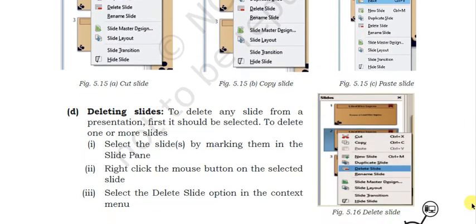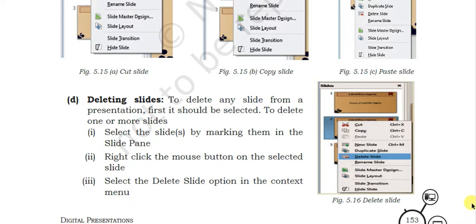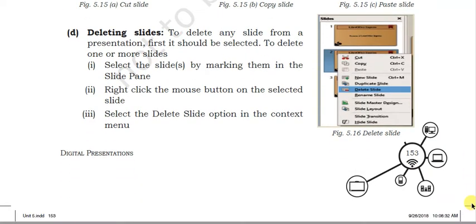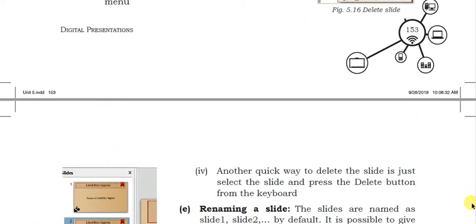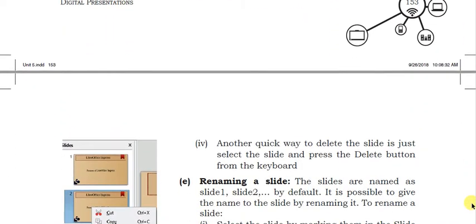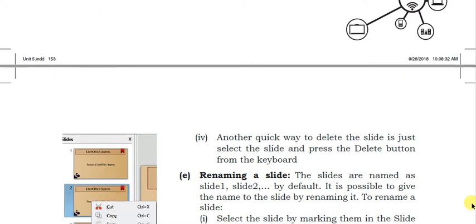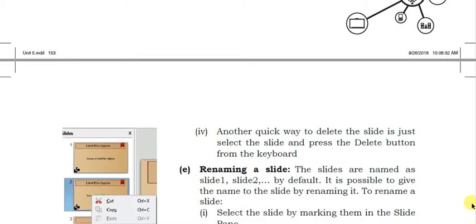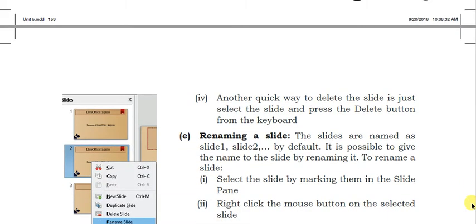Now you can also delete the slides by right clicking on the particular slide you want to delete and then click the delete slide option. Okay, or you can just click on the particular slide and just press the delete button on your keyboard. Next, we have how to rename a slide.